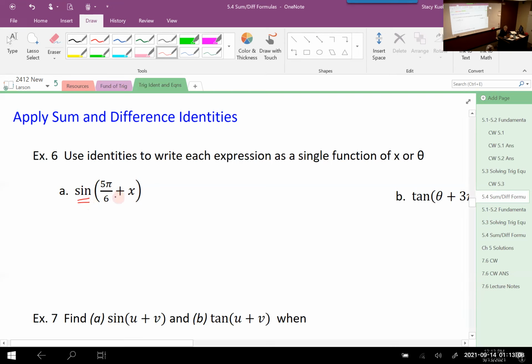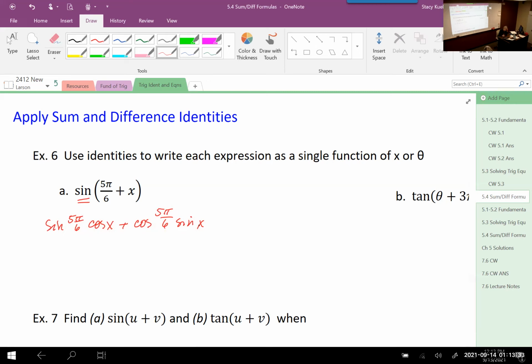So I'm going to apply the sum identity for sine here. I would have the sine of 5 pi over 6 times the cosine of x plus the cosine of 5 pi over 6 times the sine of x. And that got out of that argument position, in other words, it simply breaks it apart here.